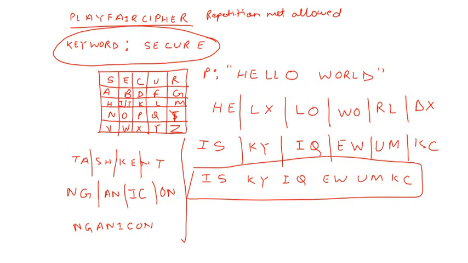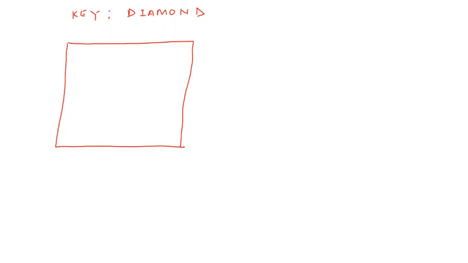So let's say the key is diamond. Now with this key diamond, I'm going to create a 5 by 5 matrix.